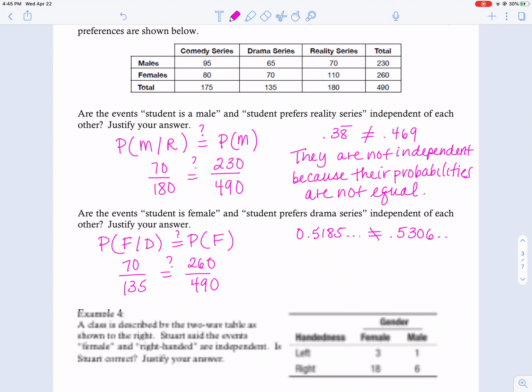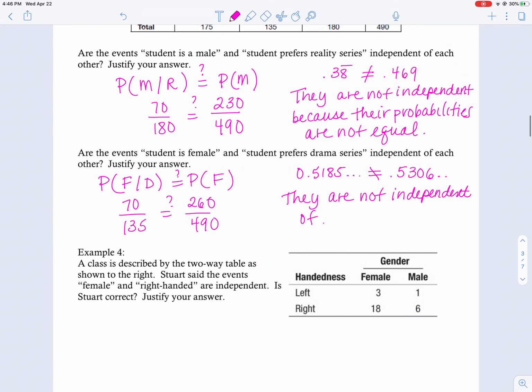Okay, so they are not independent of each other. And actually, I really don't need to explain, being that you are justifying any of this, that says justify your answer. Technically, this justification is the mathematics.